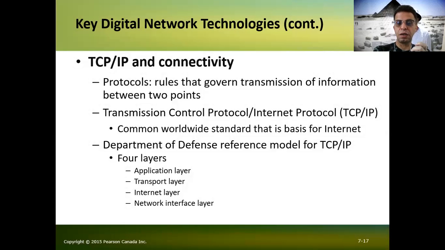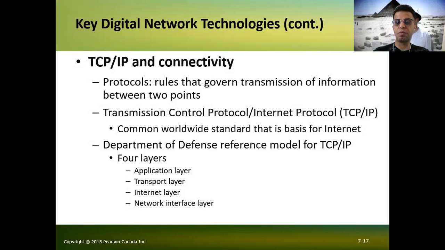So the key thing is something called TCP/IP. In the old days, to connect people they had to know this information; now it automatically configures itself. It is a protocol, a set of rules that governs transmission of information between two points: the Transmission Control Protocol and Internet Protocol.